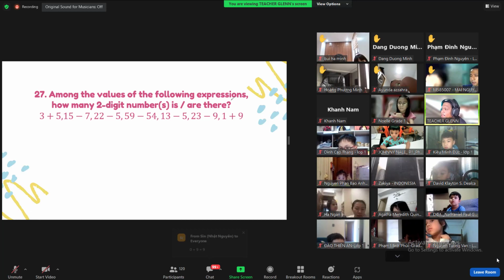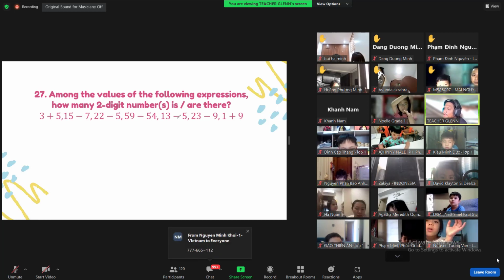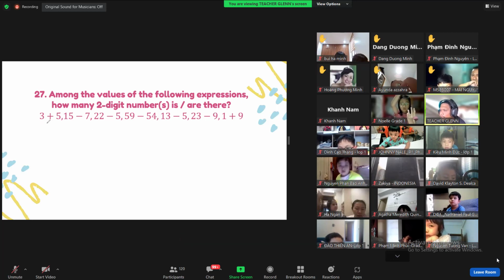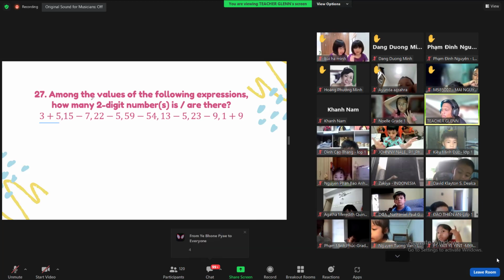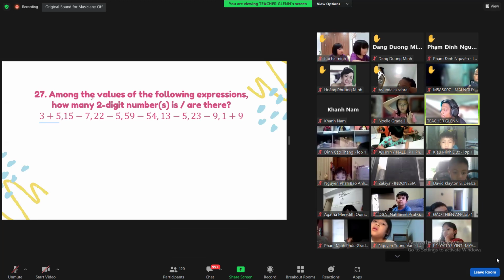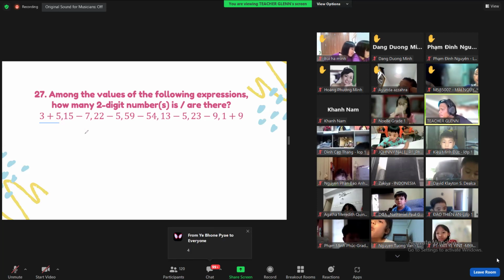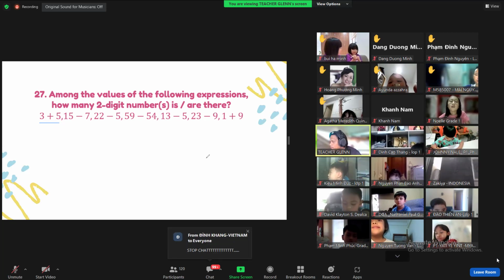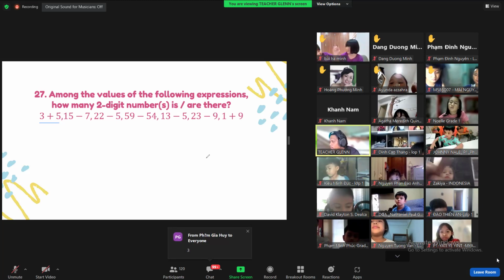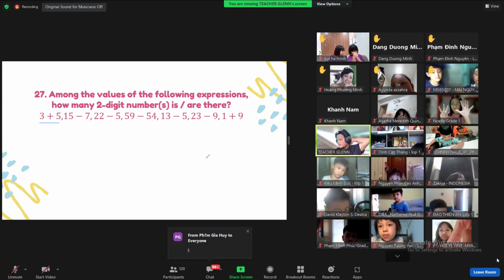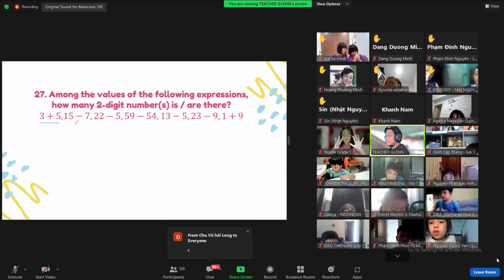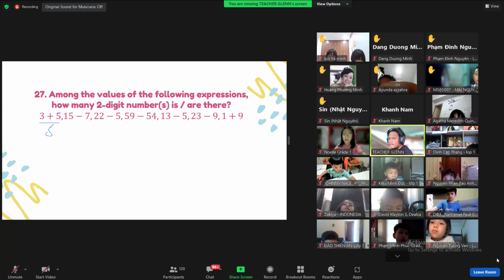Number 26. Among the values of the following expressions, how many 2-digit numbers are there? Let's try the first one. What is 3 plus 5? Anyone knows? Okay, the correct answer is 8. Next is 15 minus 7.